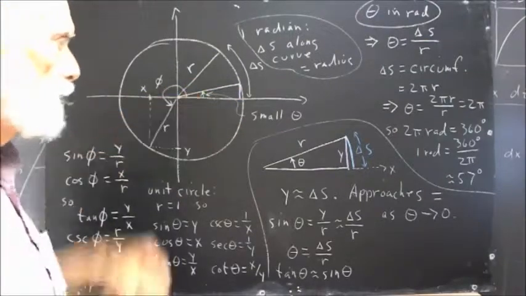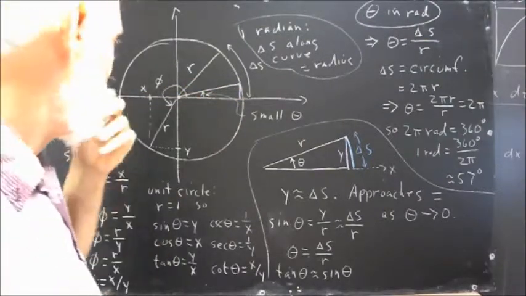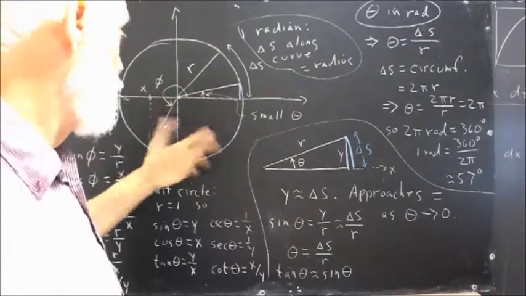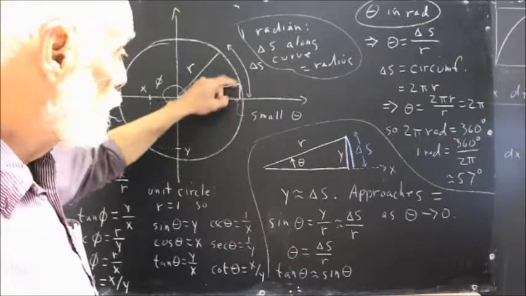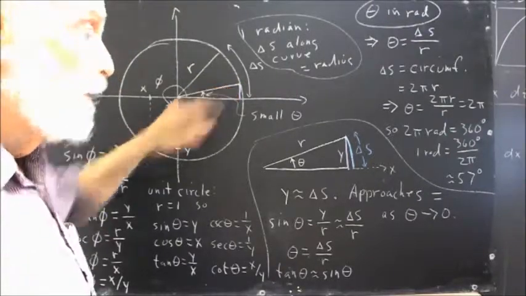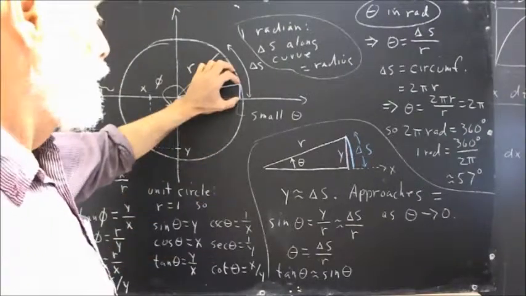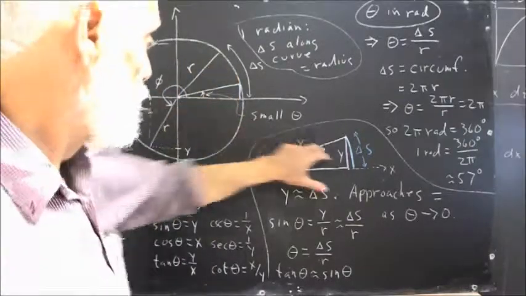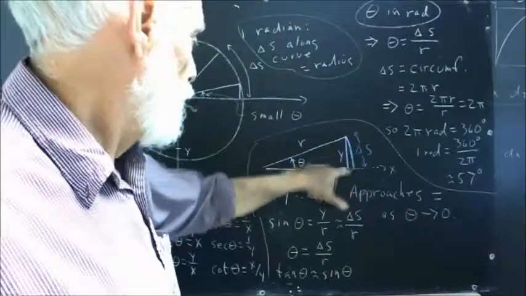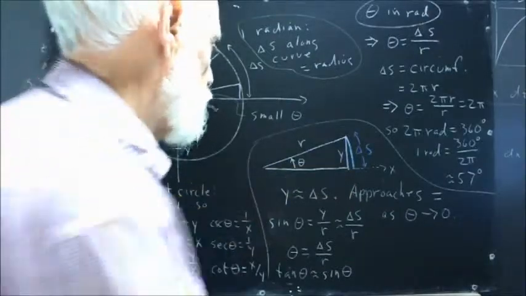Now let's look at a small angle. If theta is small, then you have this picture. There's nothing surprising about that picture. This purple vertical line I've inserted here is a line whose length is equal to your y coordinate. So I enlarge this circle a little bit, and I draw the same triangle, and it's a right triangle.